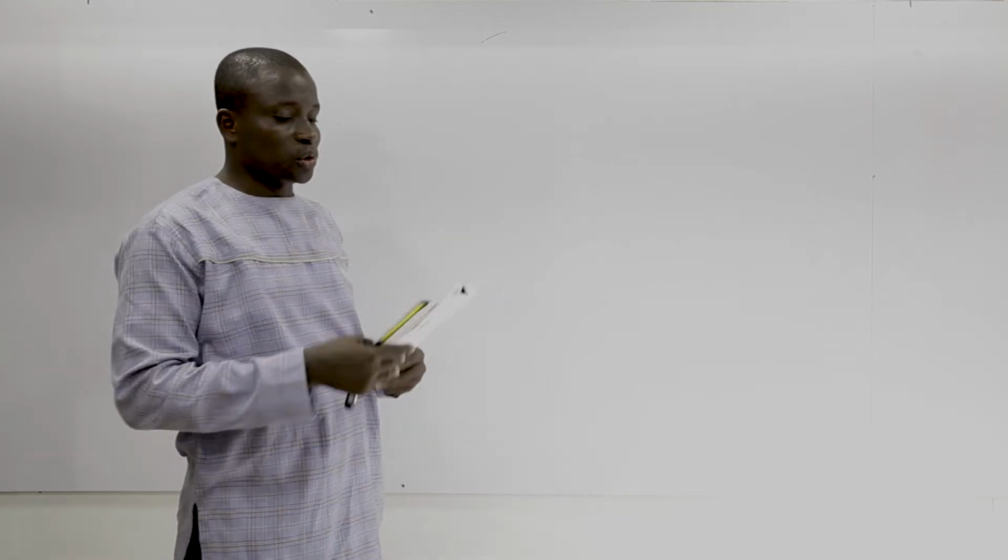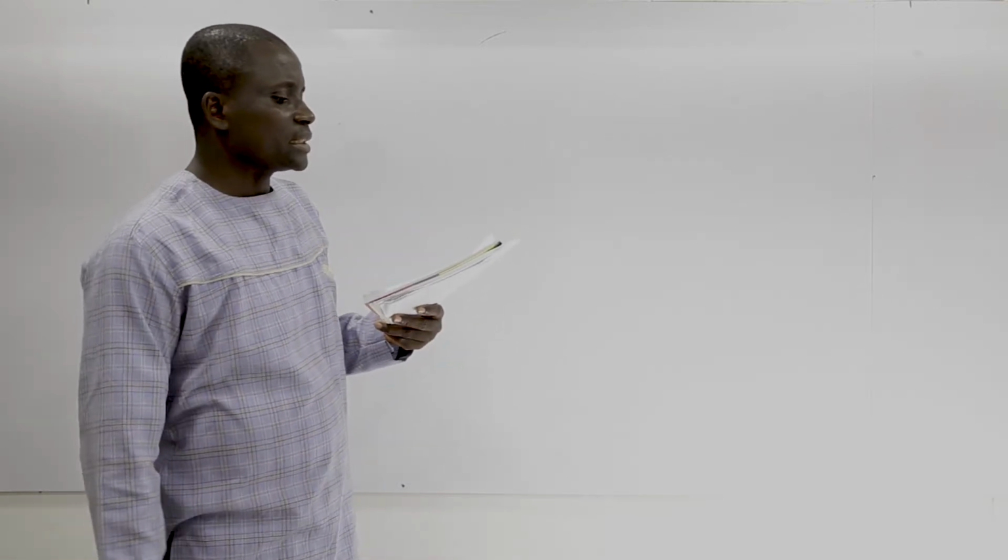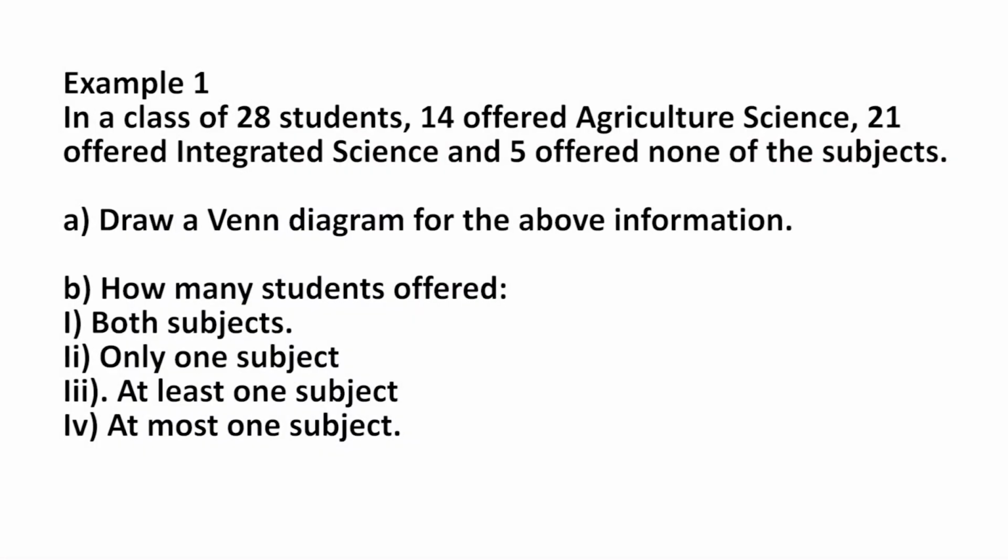So, there is a question that is projected in your short, but I'm reading from here, and I can read from both here and that of the board, and it is in your short. You can look at it. He says that in a class of 28 students, 14 offer agriculture, 21 offer science, and 5 offer none of the subjects. A. Draw a Venn diagram and represent the above information.